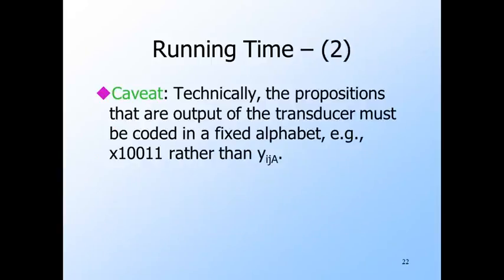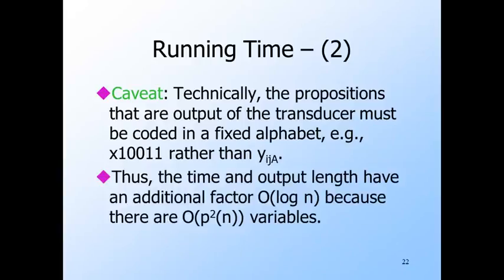Oops, I lied. The running times are a little larger than I said. Not enough larger to take us out of the polynomial class, but larger by a factor of log n. That is, I cannot really output a propositional variable like y sub i j a in one step, or even a constant time. The reason is that we have to use a finite alphabet to represent order p squared of n propositional variables.